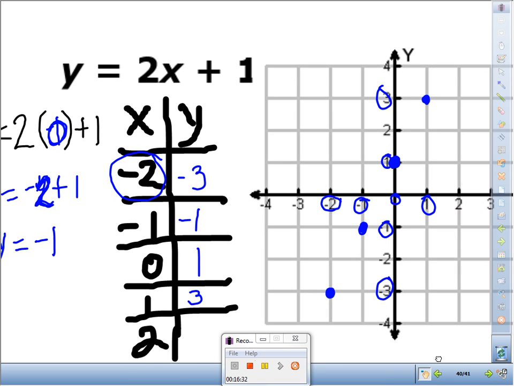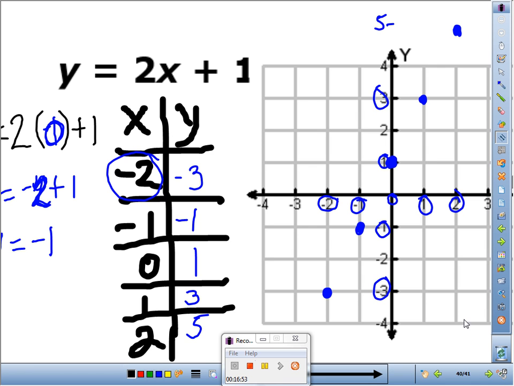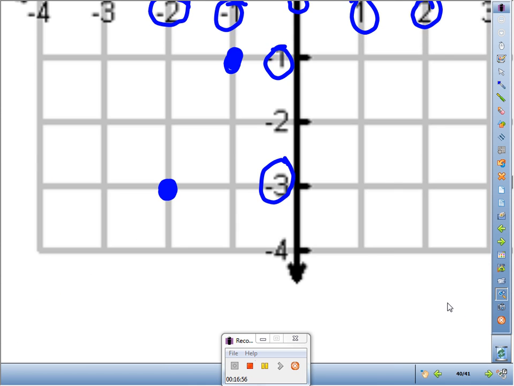And what's my last value, Wyatt? 5. Hands if you got 5. That is correct. So this is 2, 5, and it's about right there. Get your ruler. Draw your line, make sure it's nice and straight. Let me zoom out for this one so I can see it from far away.